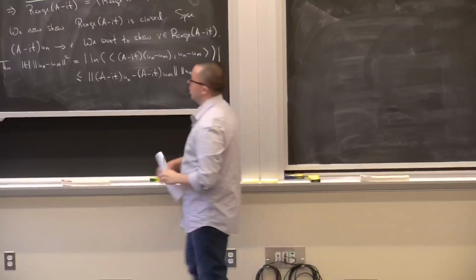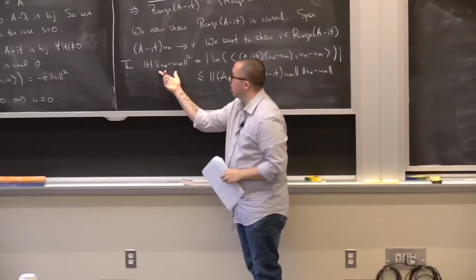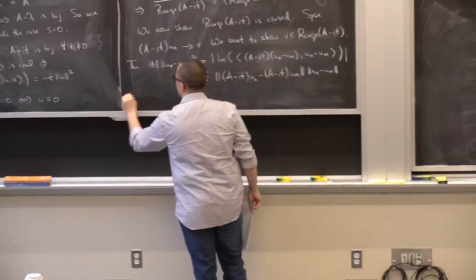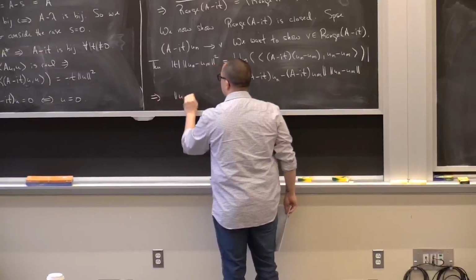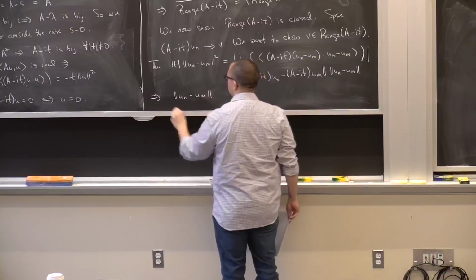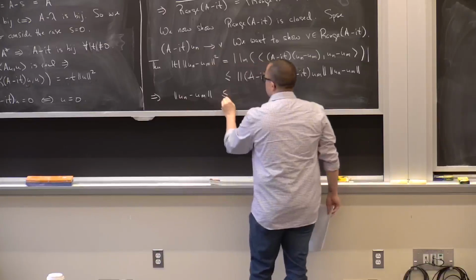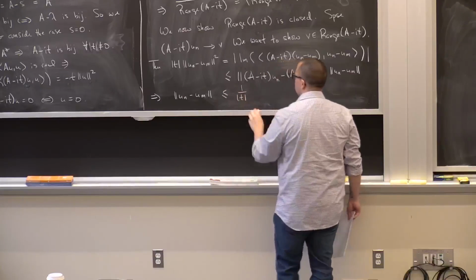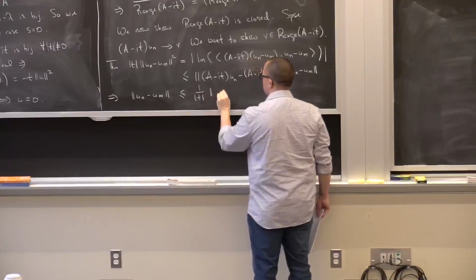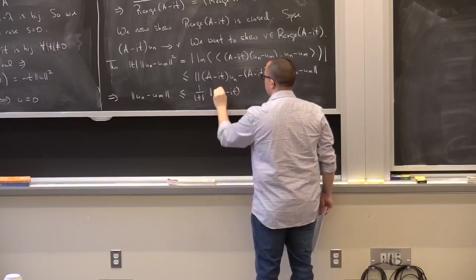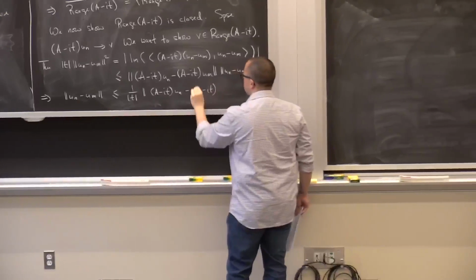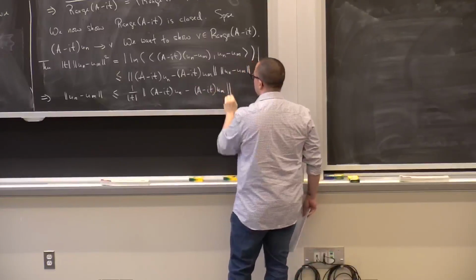And I started off with t, which is non-zero, times the norm of un minus um squared. So I get that the norm of un minus um is less than or equal to 1 over the absolute value of t times the norm of A minus IT applied to un minus A minus IT applied to um.